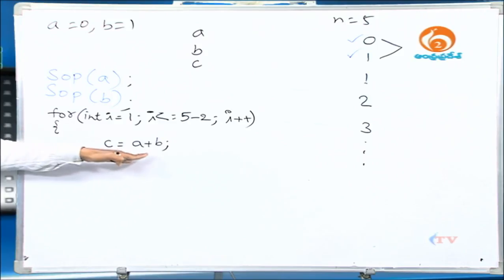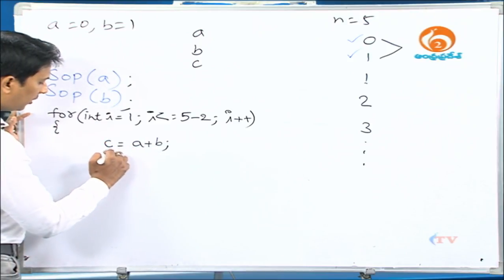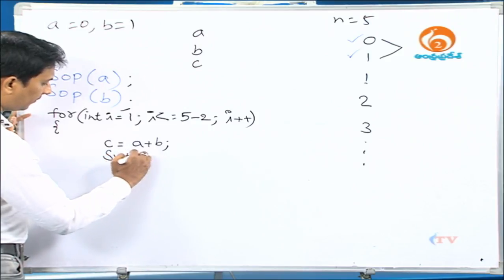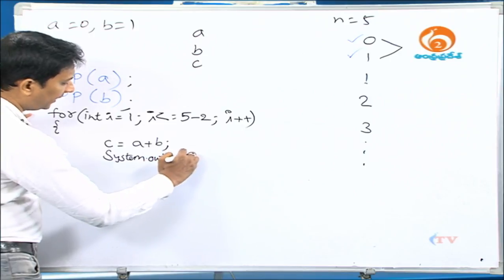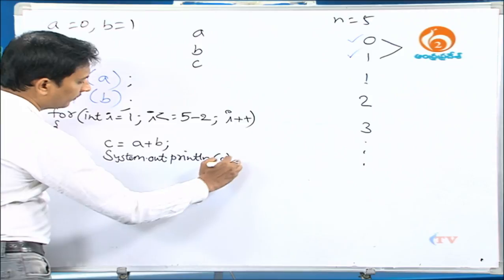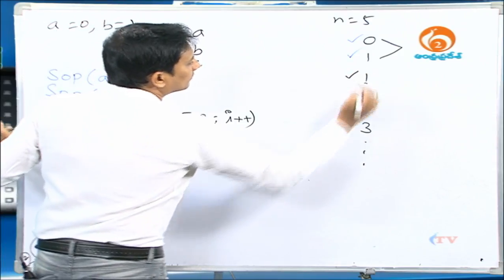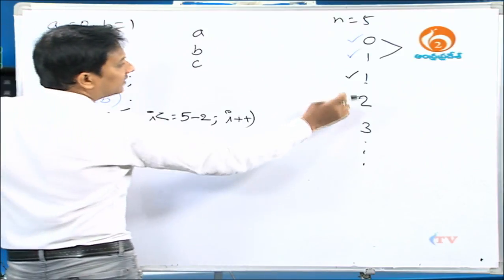Once the first two terms are added in c, display the term: System.out.println of c. This is displayed. Next, we have to come to the next term.